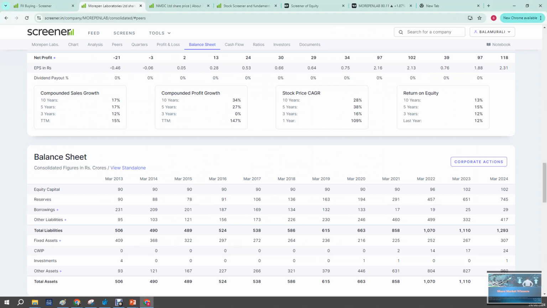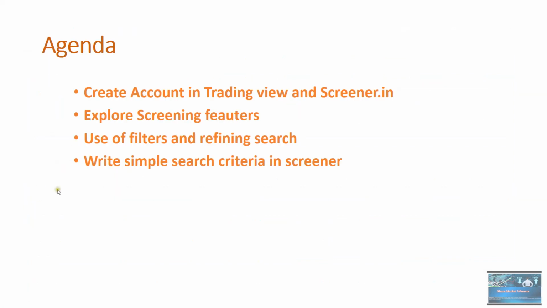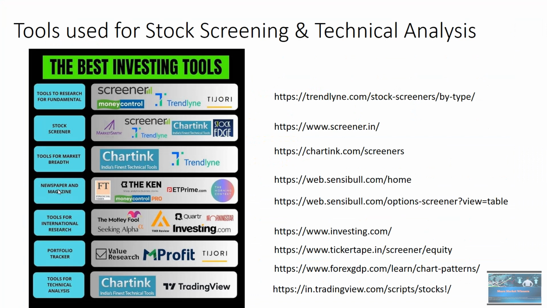Any questions? Okay. Bala, Karthikeyan here. You showed a few screens today, the 50 DMA crossover and multi-bagger. Similar to that, are there any standard screens that will tell us a stock is going to break out, a momentum stock, something like that?